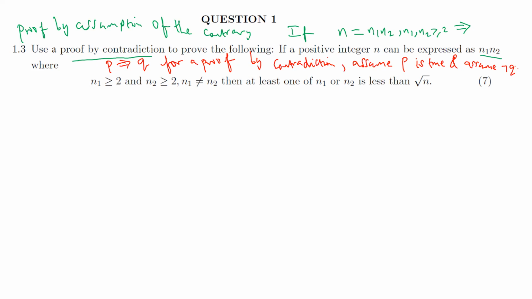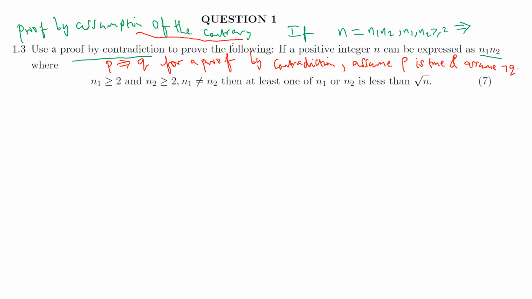That is the assumption of the contrary. We just assume the contrary and arrive at a contradiction.